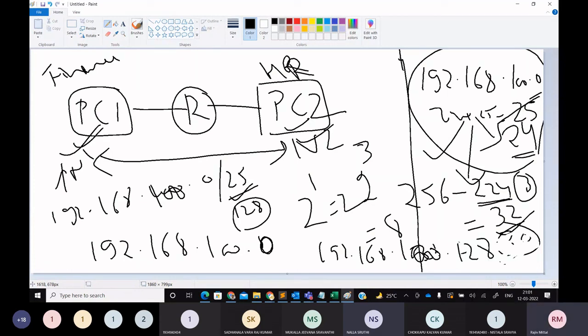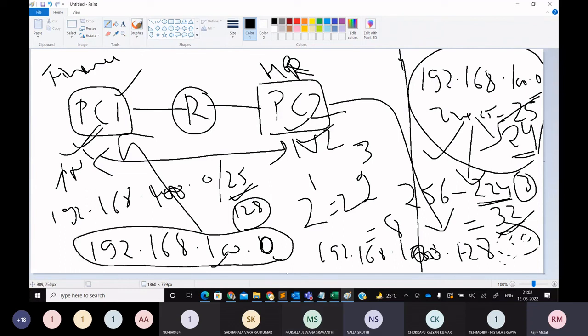Now I have to give one IP from this network to PC1, and for the second PC I have to give an IP from the other network. Can you suggest one IP for PC1 from this network? 192.168.100.1, because 0 you cannot use. 0 is your network ID. You cannot use the network ID as an IP. So 192.168.100.1 will be this.